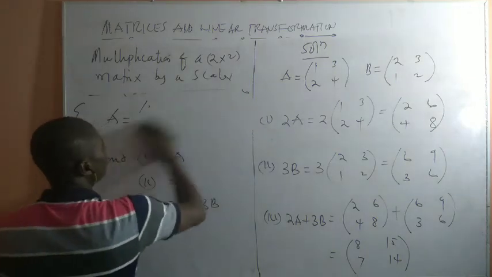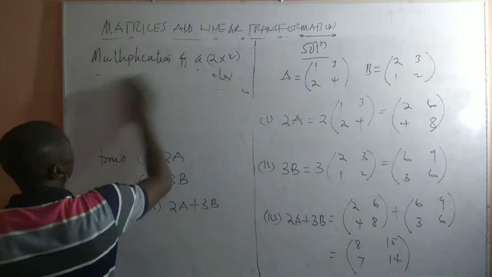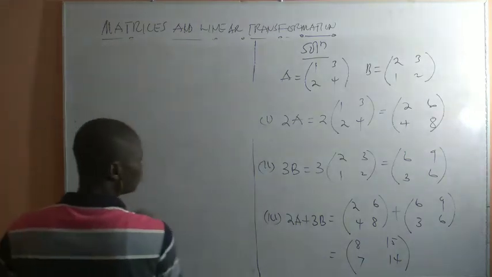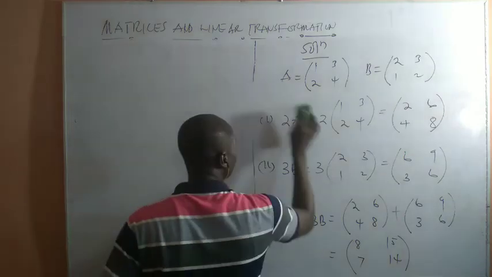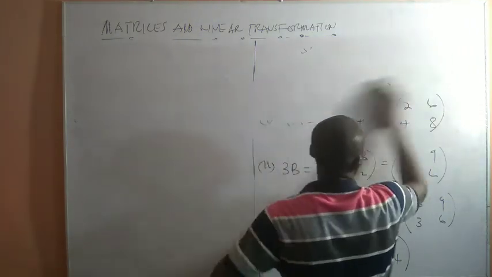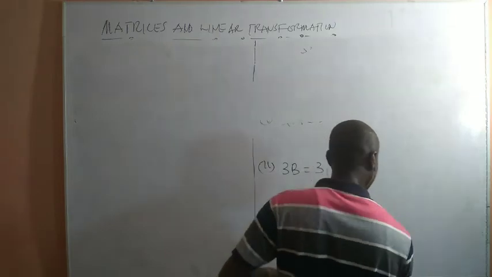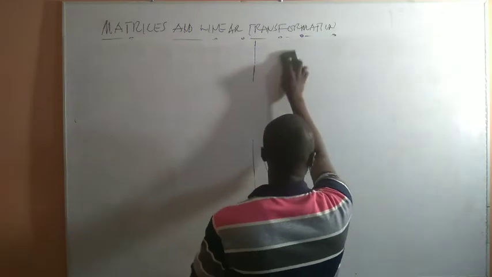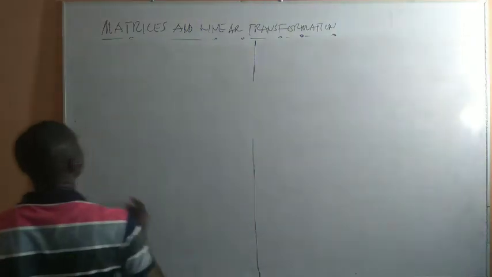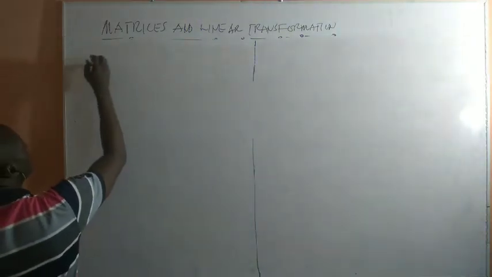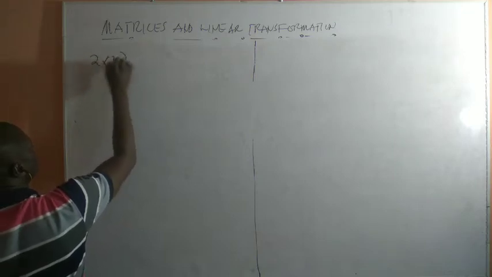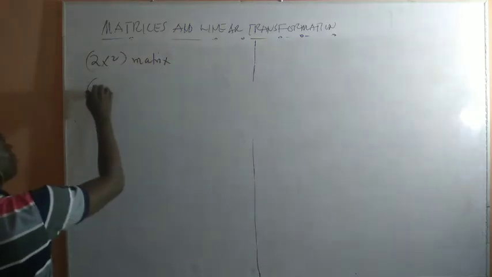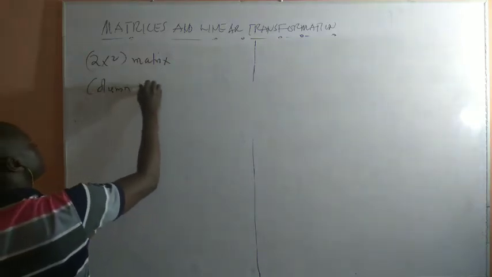Okay, now we continue. We are now going to look at how best we can multiply a 2 by 2 matrix by a column matrix.